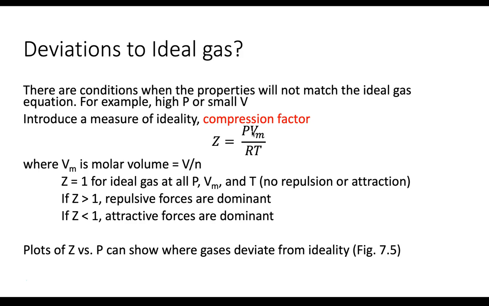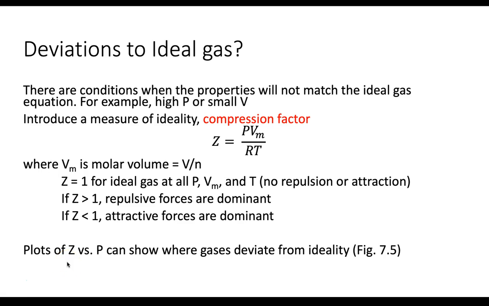And so what you can do is you can go through and plot these compressibility factor versus P plots, and you have one in 7.5, and it'll show where gases deviate from ideality. So you can see where the gases are close to 1, we can pretty much treat it as an ideal gas.